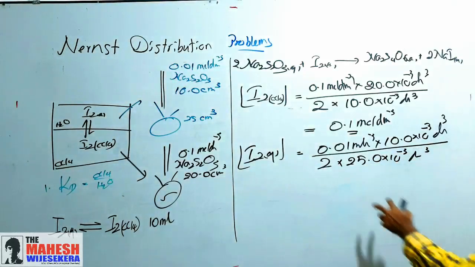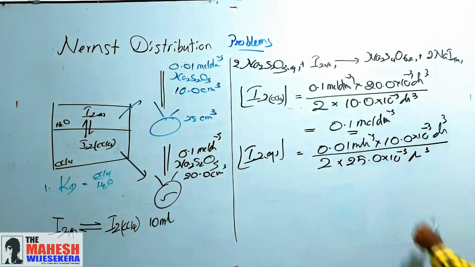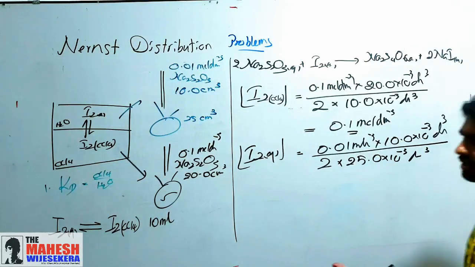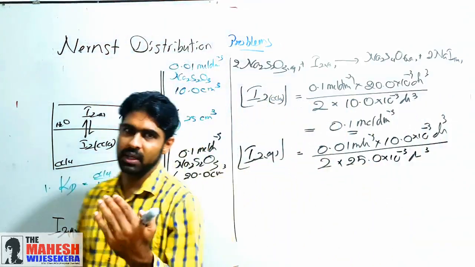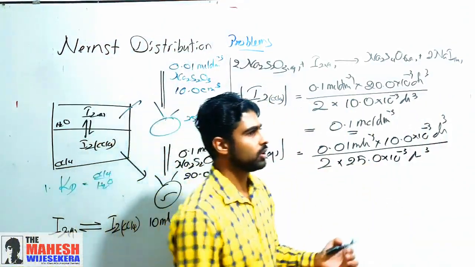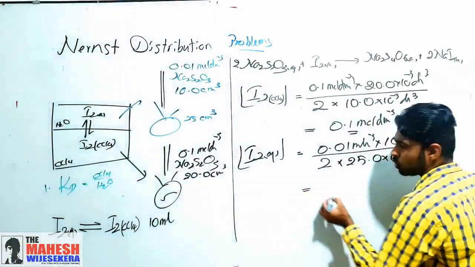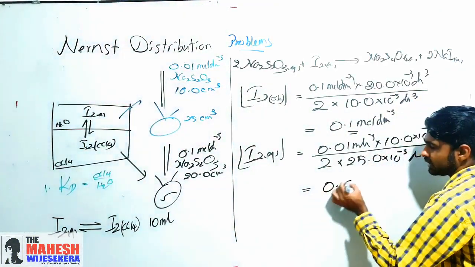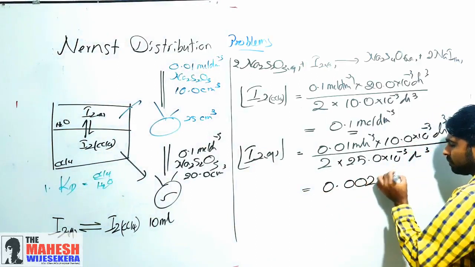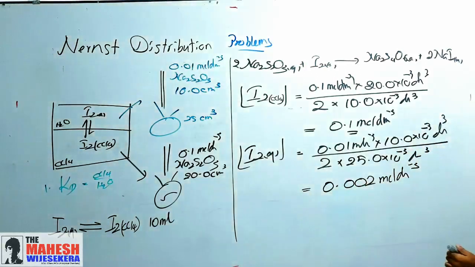So this will become 50 and this is just 0.1. 0.1 divided by 50. We are not going to divide by 50. Instead of that, we multiply both by 2. So that is 0.2 divided by 100. 0.2 divided by 100 is 0.002 moles per cubic decimeter.